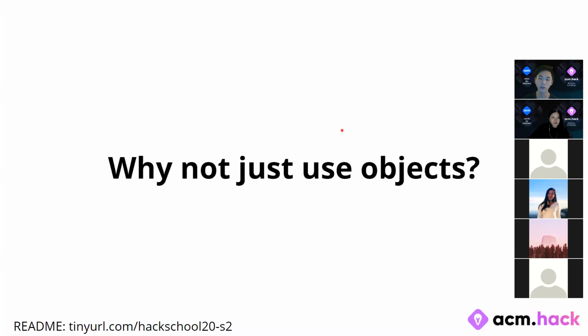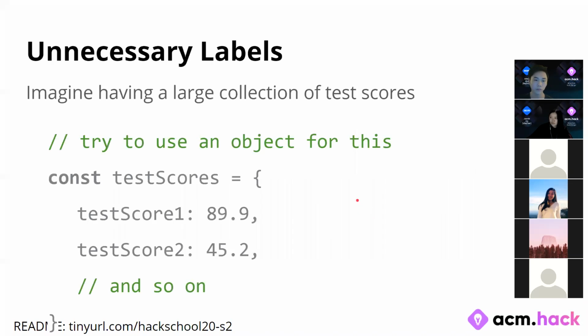You might ask yourself, if arrays are just collections and they don't have that key value pair property, then why would we not just use objects? The reason we would use an array over an object is if we have some kind of collection of data where we don't really need those labels, those keys, for each data point.